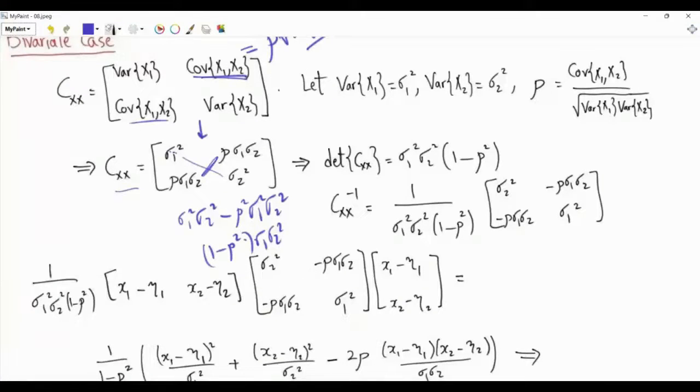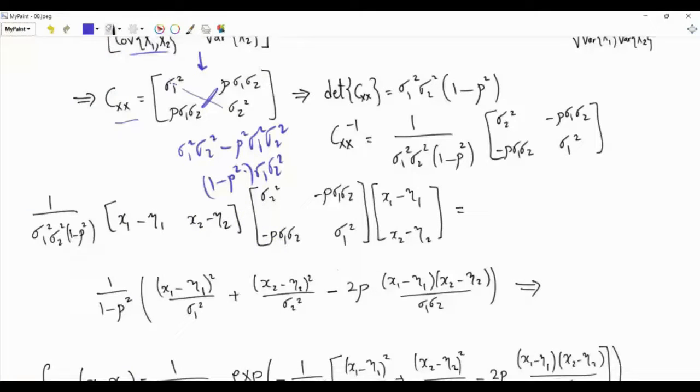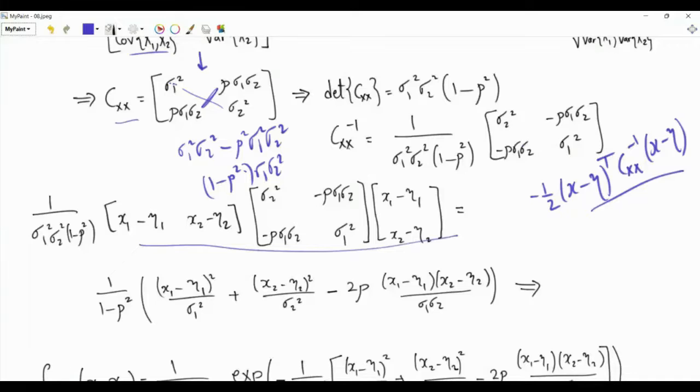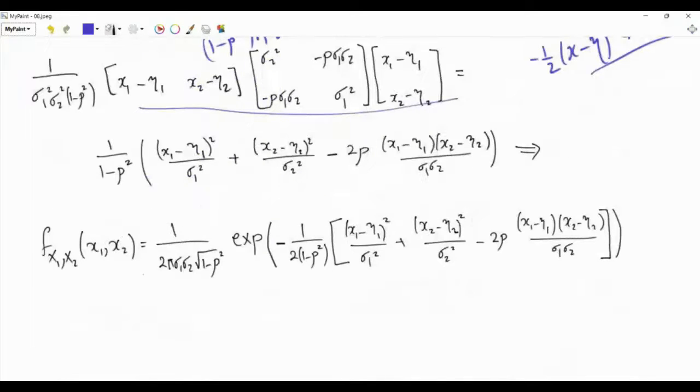So this is the determinant, and this is the inverse of Cxx. And in the numerator, remember the general rule is that the exponent is -1/2, and then we have x minus eta transpose Cxx inverse x minus eta. And so we have this quadratic form. We can write it down because we have an explicit formula for the inverse, and then we can do the multiplication, and we will end up with this bivariate Gaussian distribution.